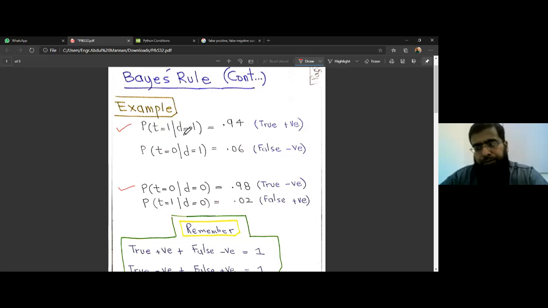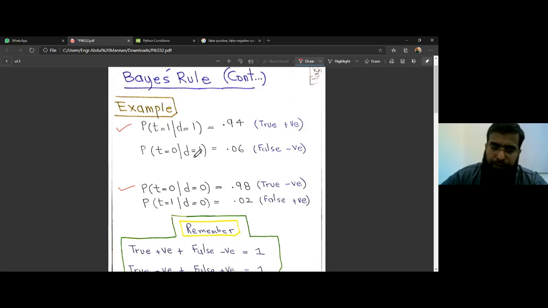This is a very important term, and ideally true positive should be 100%. It should be equal to 1. If the disease is there, the test should always detect it. But no test in this world is 100%.